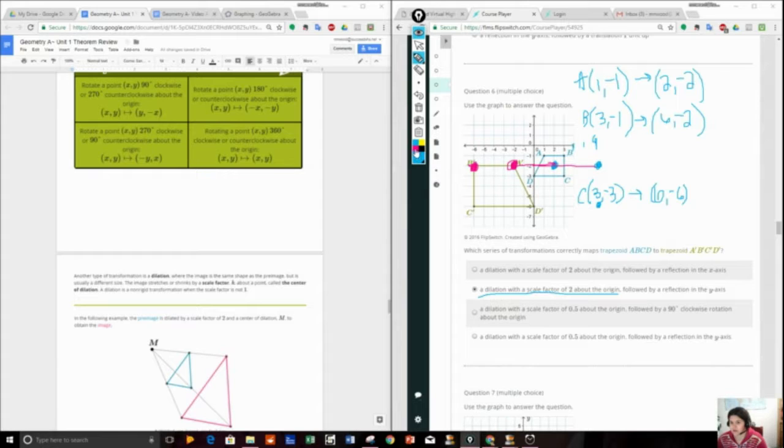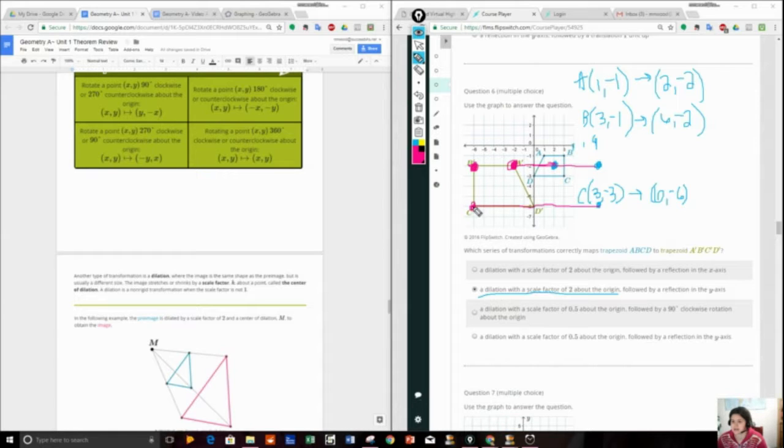And now for the reflection, it preserves the distance from the y-axis. So 1, 2, 3, 4, 5, 6. So since it was on the right side, we're going to reflect it to the left side, and it's going to be 1, 2, 3, 4, 5, 6.